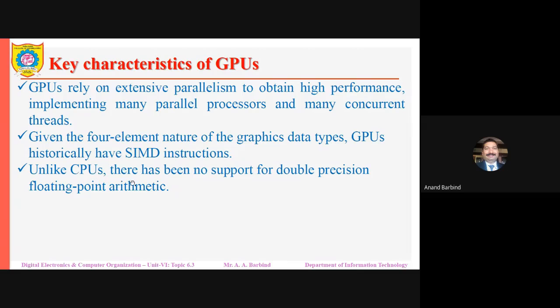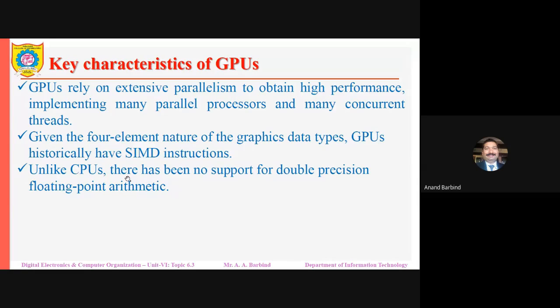Unlike CPUs, there has been no support for double precision floating point arithmetic. With CPUs we have the single precision data type, which is 32-bit in size, and a double precision data type, which is 64-bit in size. The GPU uses only a single precision data type.